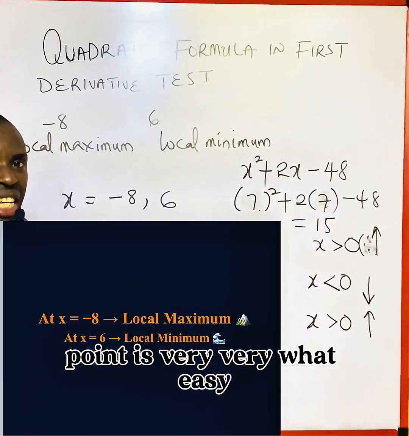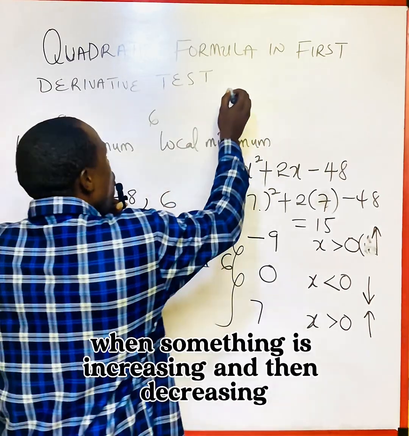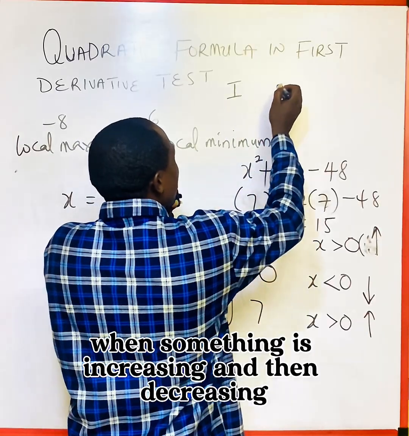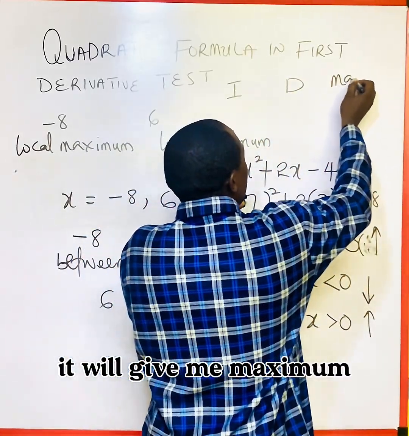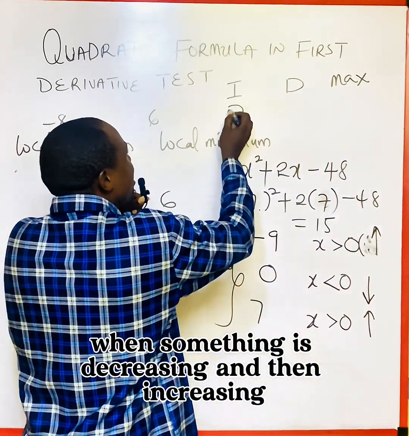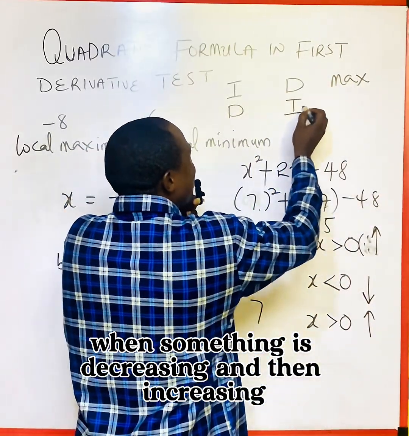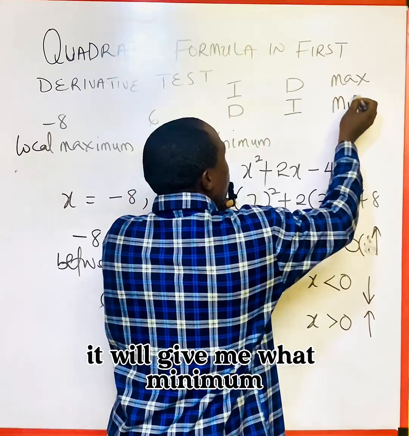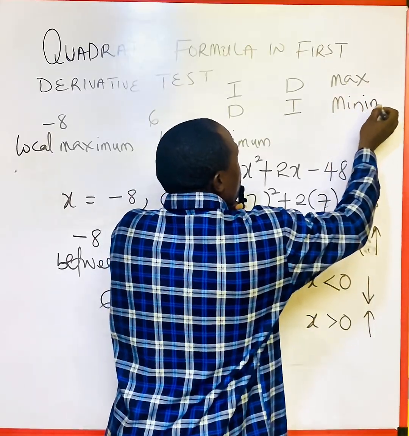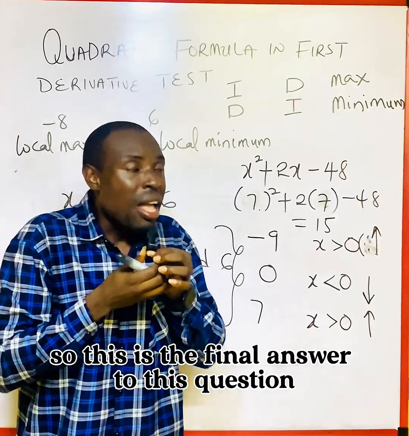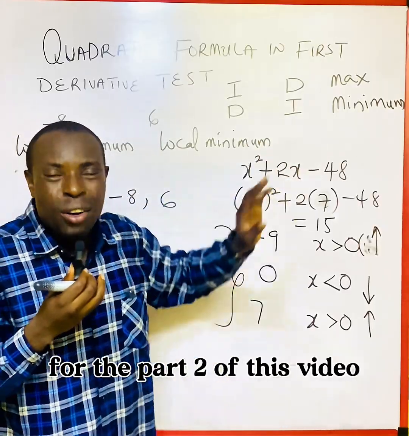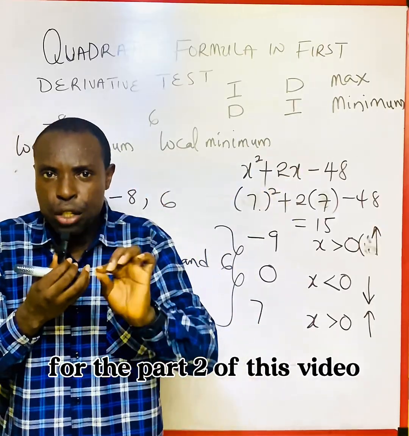It is very, very easy. Just take note: when something is increasing and then decreasing, it will give me a maximum. When something is decreasing and then increasing, it will give me a minimum. So this is the final answer to this question for part 2 of this video.